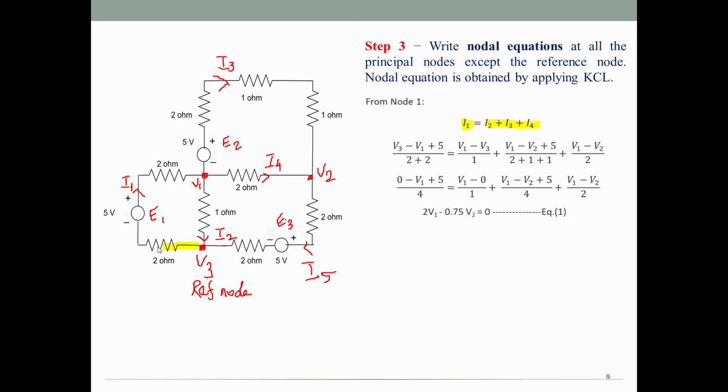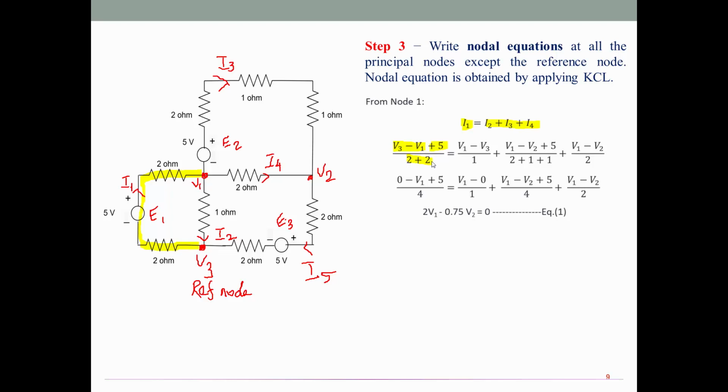Writing the equation for I1, I1 is flowing between V3 and V1, starting from V3 towards V1. So V3 minus V1. Then on this path, I have a 5 volt source, current leaving the positive of the 5 volts, so plus 5. Coming to the denominator, I have 2 plus 2 resistors on this path.